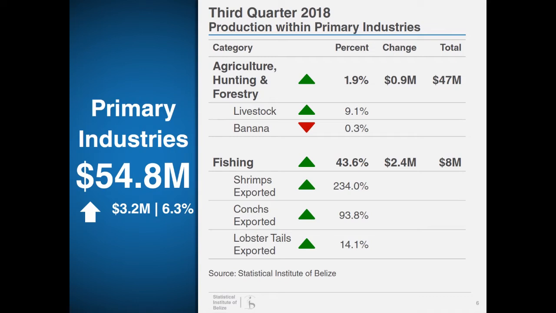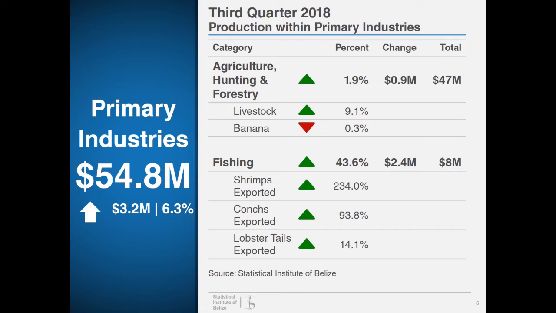Within the primary sector, we have agriculture, hunting, and forestry going up at 1.9%, and this was mainly due to a 9.1% increase in livestock. This 9.1%, however, was overshadowed by a 0.3% decrease in banana production.